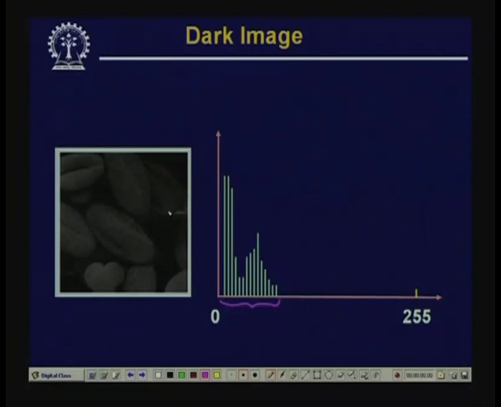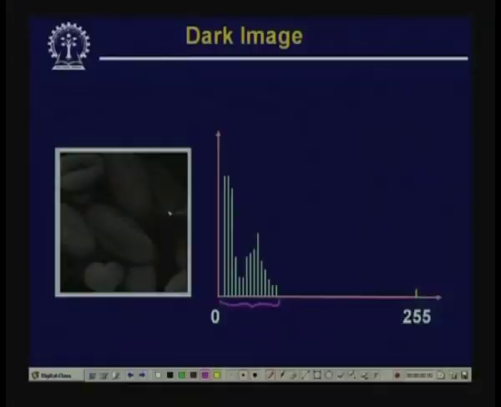Because we are considering images where every pixel is digitized using 8 bits, we have a total of 256 intensity levels, represented by intensity values from 0 to 255. For this dark image, most of the pixels have intensity values near 0, and that gives the very dark appearance.